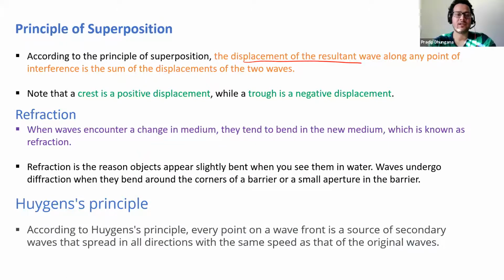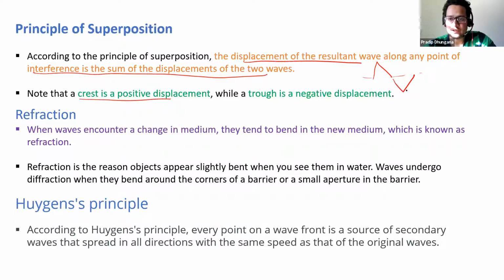Okay, that's how we'll calculate the resultant displacement. And crest is a positive displacement. That means if we have something like that, we'll consider that displacement as positive. And if we have a displacement like that, we'll consider this displacement as negative. Crest is a positive displacement, while trough is a negative displacement.